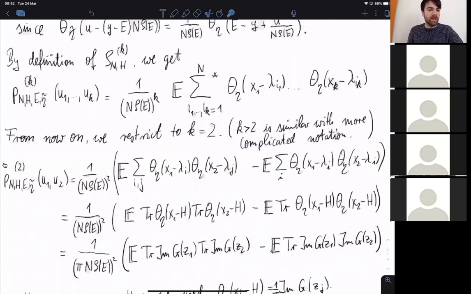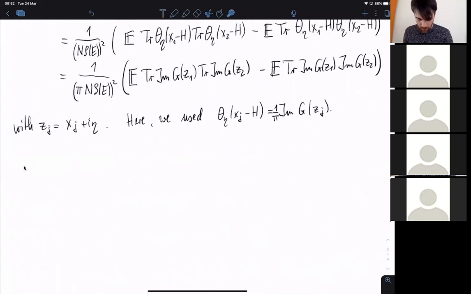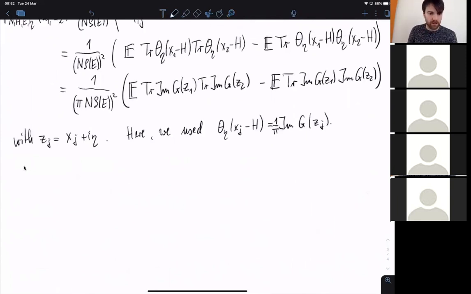Okay, and now we will actually have two lemmas, and these will together imply Theorem 2.2, and then the rest of the work is to prove these two lemmas. And maybe here I should remark one more thing.